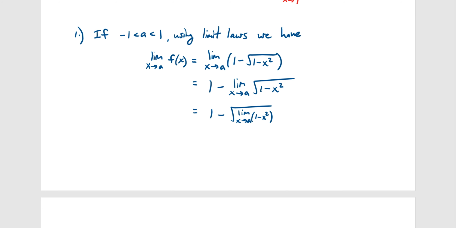And now once we get this, we can go ahead and plug in the a value, direct substitution, and we get 1 minus the square root of 1 minus a squared. And now we can tell that this is actually the same thing as f of a.